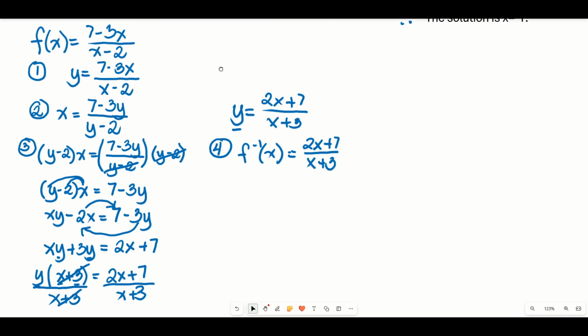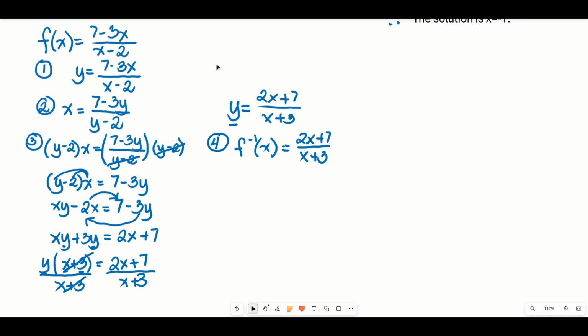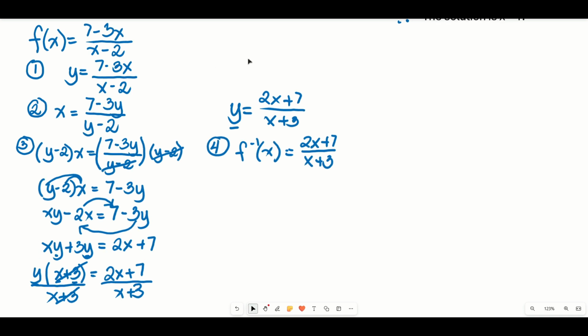So, we have f of x is equal to 7 minus 3x over x minus 2, and ang na-solve natin na f inverse of x is 2x plus 7 over x plus 3. So again, sabi sa first property, the inverse of f inverse of x is f of x.